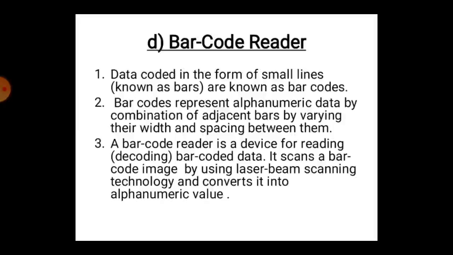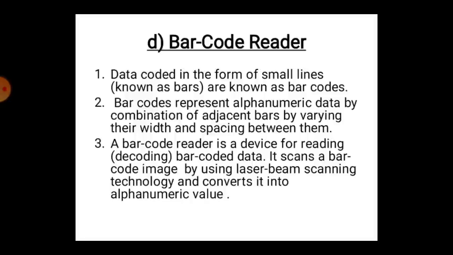Point number 1, data coded in the form of small lines known as bars are known as barcodes. Students, you can find on any textbook or any material which is packed, there are vertical lines of small or large thickness, and there is spacing between them.